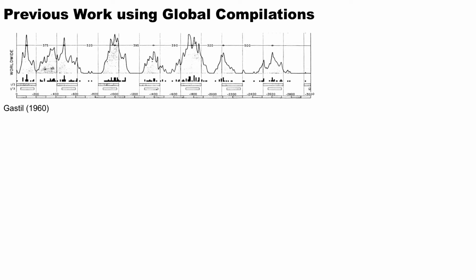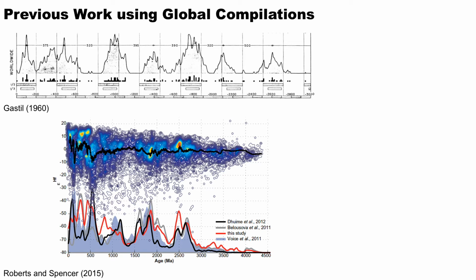Now, global compilations have long been used to make large-scale interpretations of Earth processes. So here's early work by Gastiel in 1960, who compiled crystallization dates from around the world. Here's more recent work from Robertson Spencer showing a variety of one-dimensional uranium-lead age distribution compilations on the bottom and two-dimensional epsilon hafnium compilations on the top.